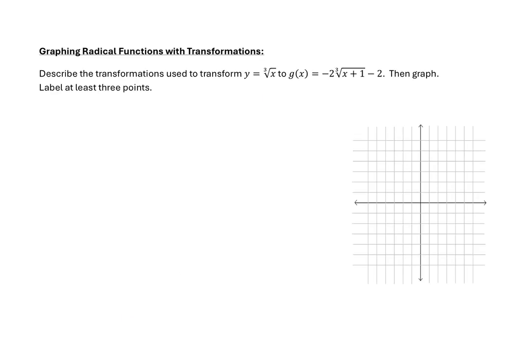All right, the last thing that we're going to do is review our graphing radical functions, and we are going to use transformations. So I do want to review that. To get us started, we want to figure out some points that are on our cube root function.